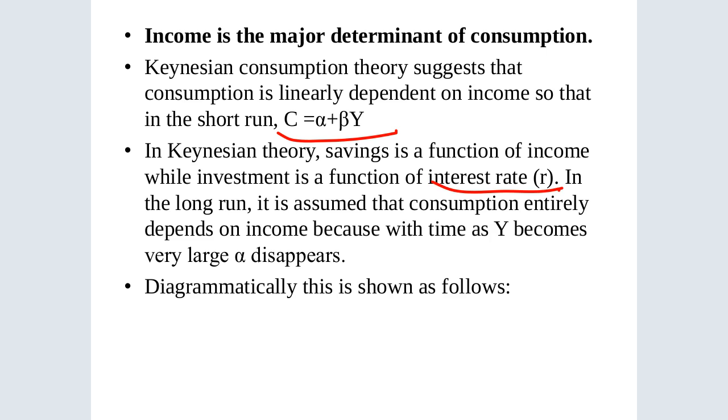Now, in the long run, it is assumed that consumption entirely depends on income. Because as income increases, or as income becomes very large, the autonomous consumption simply disappears.